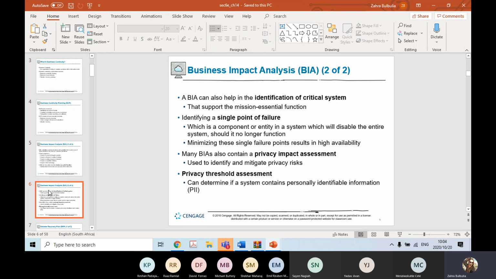And one of the key things here is to identify single points of failure. Single points of failure are probably the worst things that you can have in any system, guys, even your own system. It's basically a component or entity which can disable the entire system.